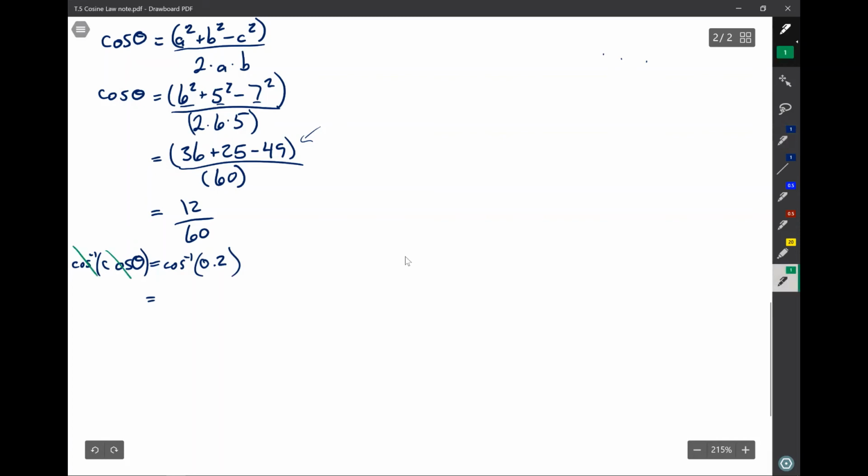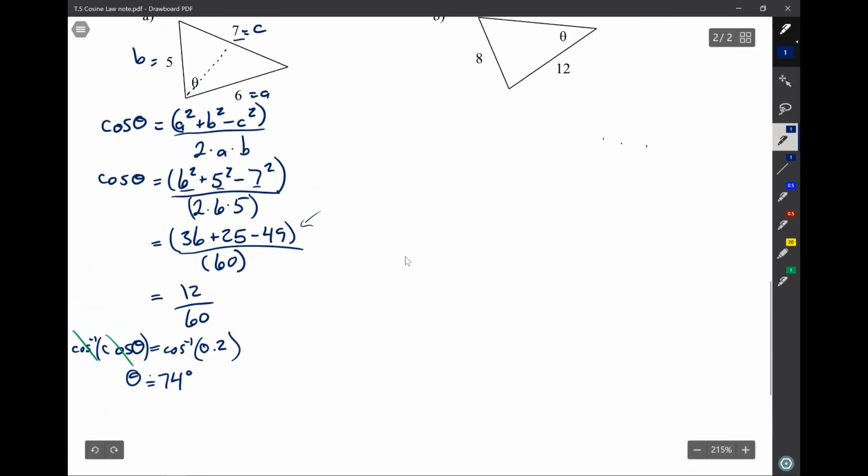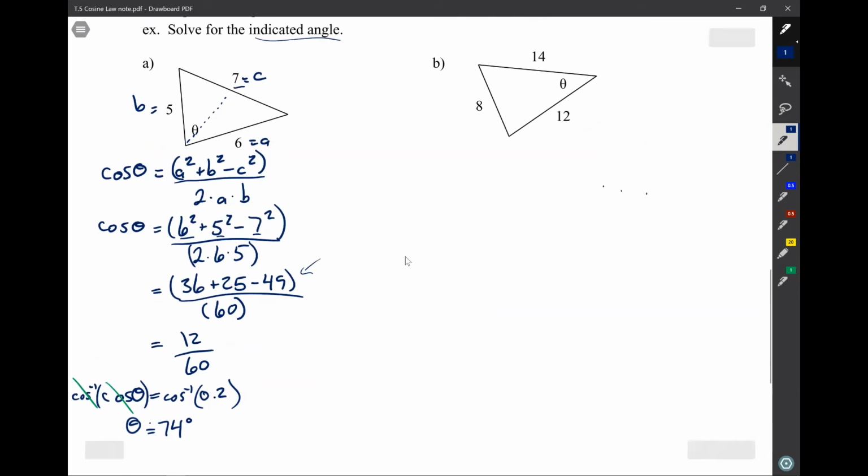And inverse cosine and cosine cancel out, leaving me with theta on the left-hand side. The inverse cosine of 0.2, which I can put into my calculator, and that is about 74 degrees. So this, again, it's fairly straightforward. We're just plugging in our known values into a formula. We'll try that once more for B here.